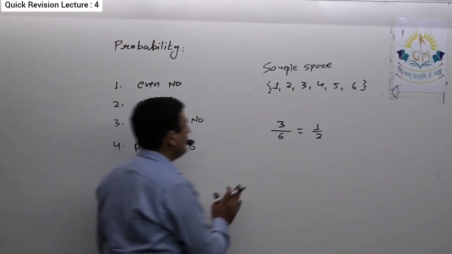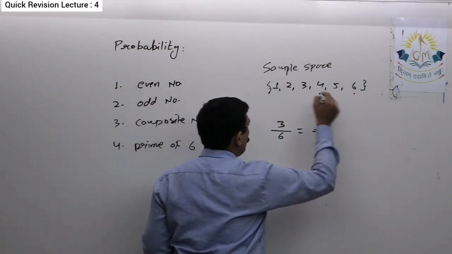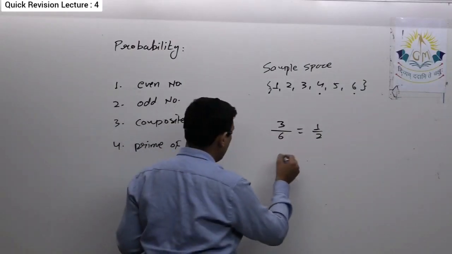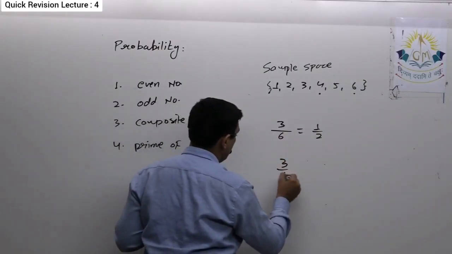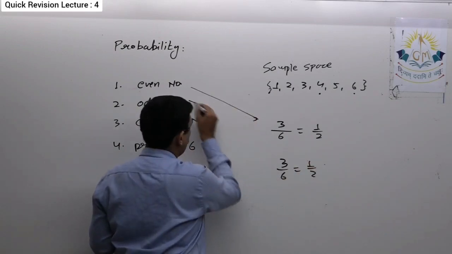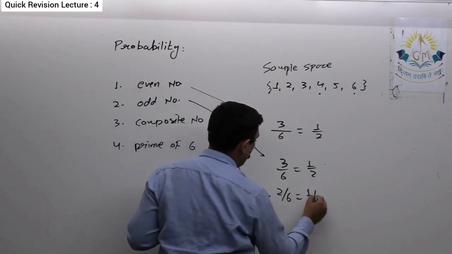Composite numbers are numbers which have more than 2 factors. There are only 2 composite numbers over here, so 2 upon 6, that is 1 by 3, is the answer of the third one.